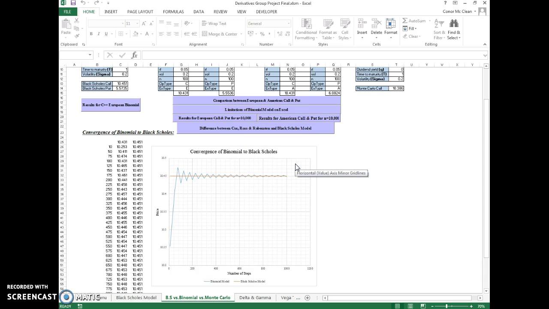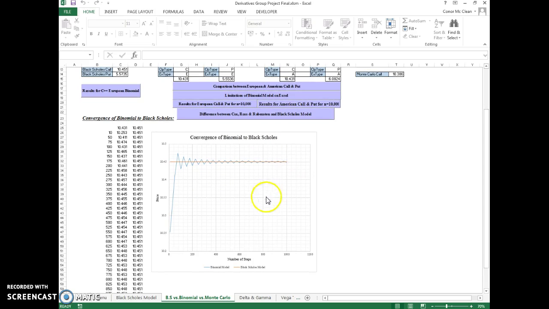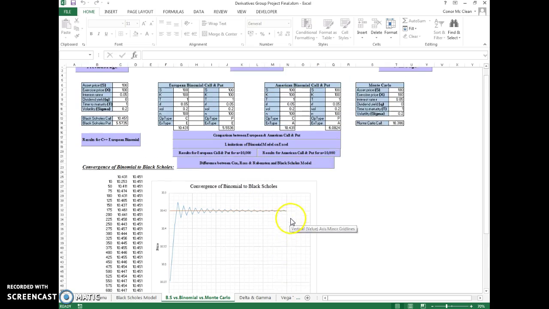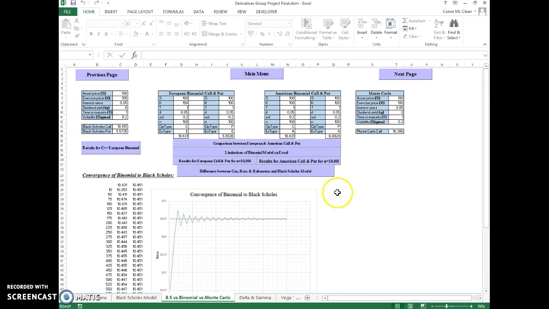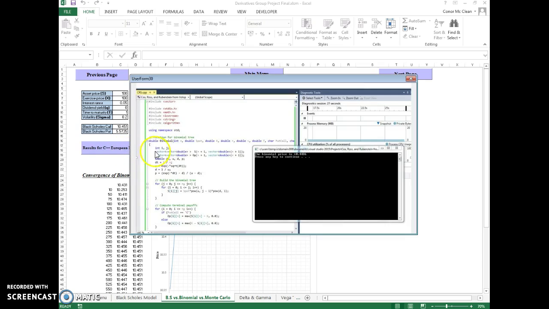And in the long run, we found that as the number of steps were increased, our binomial converged to the Black-Scholes model. We then ran the binomial in C++, and the results are illustrated just here. And the code used was the Leisen-Reimer binomial tree.